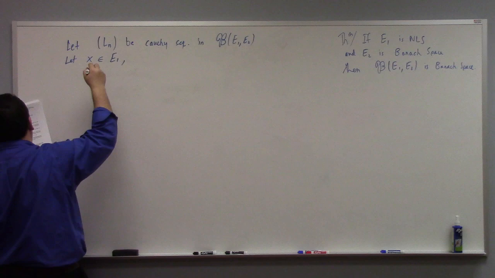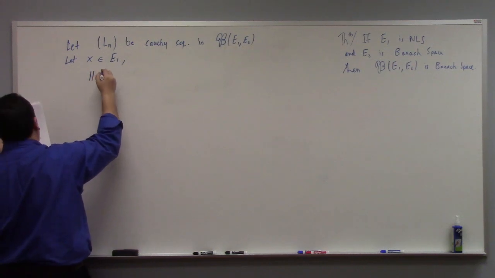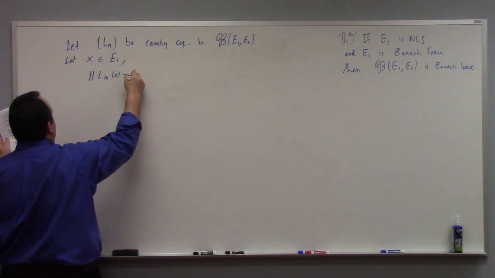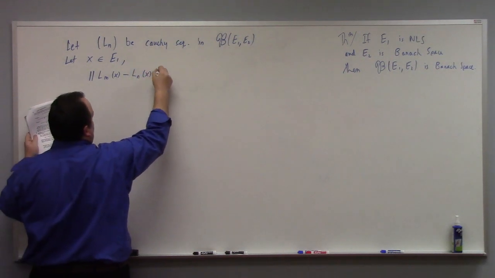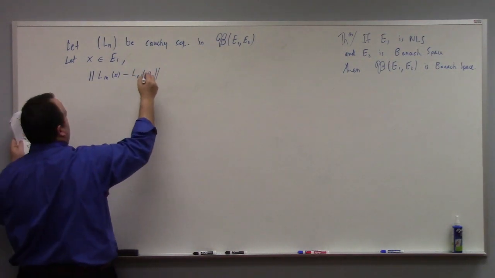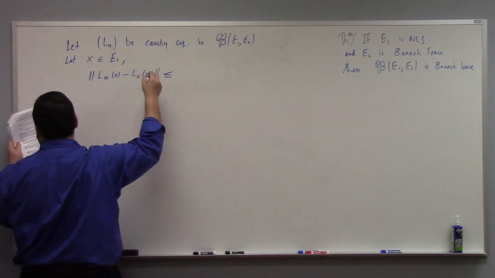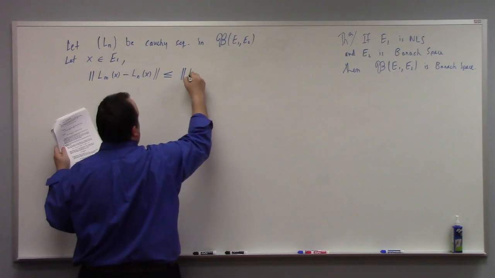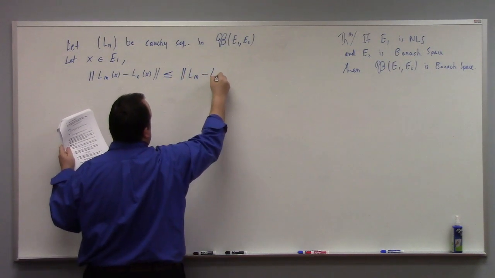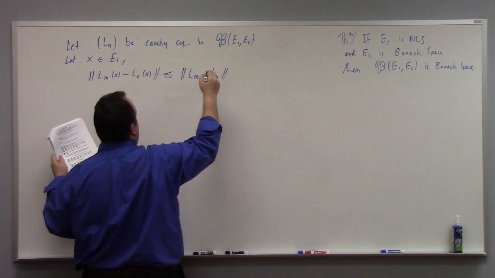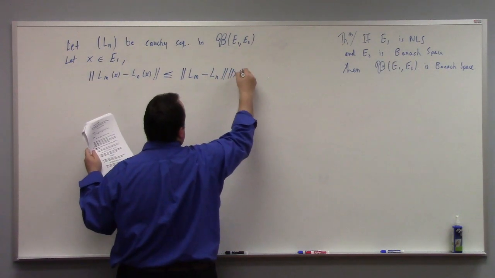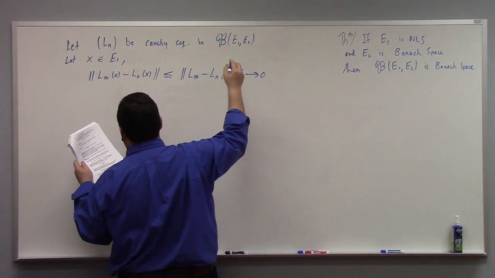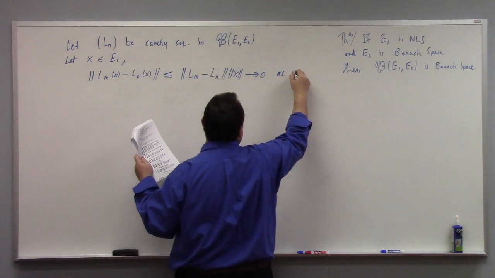Then he argues that the norm of Lm of x minus Ln of x is less than or equal to the norm of Lm minus Ln times the norm of x. And that goes to 0 as m and n go to infinity.